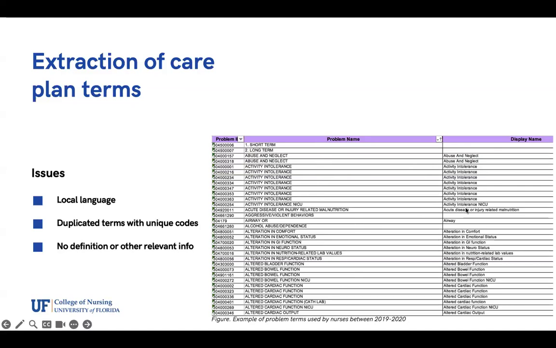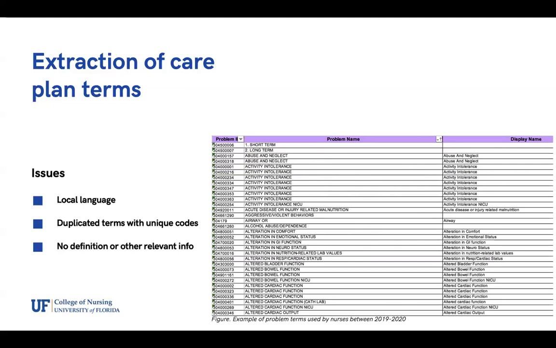You can see some of them are kind of borrowed from some terminologies, but a lot of them, the health systems themselves developed their own list of terms. So we have a local language being used.